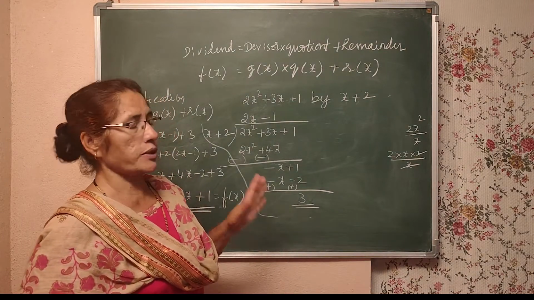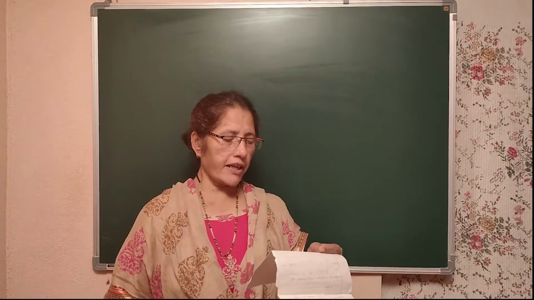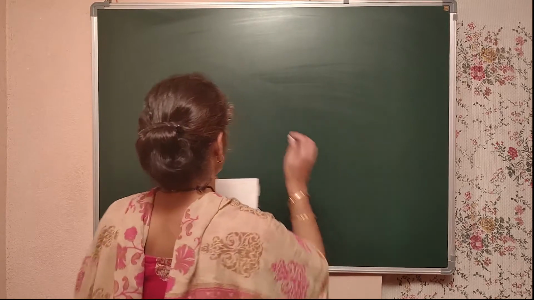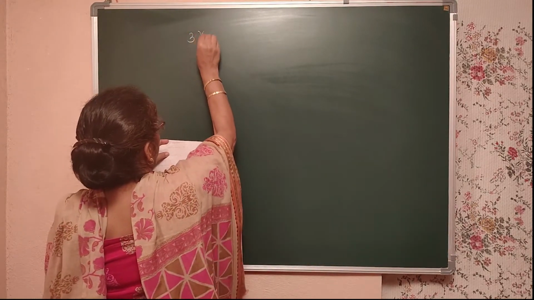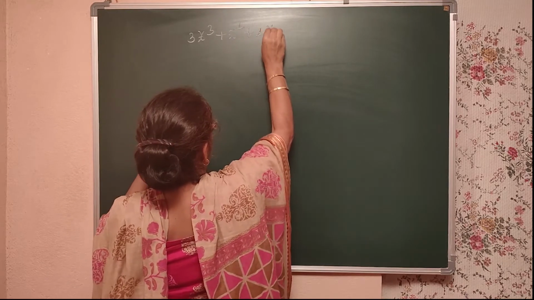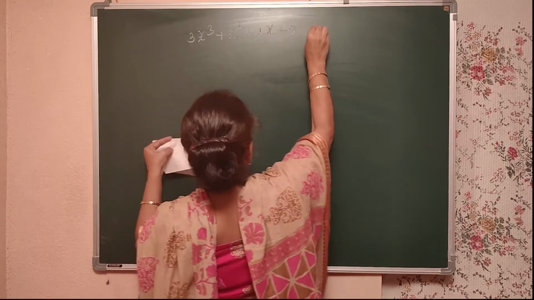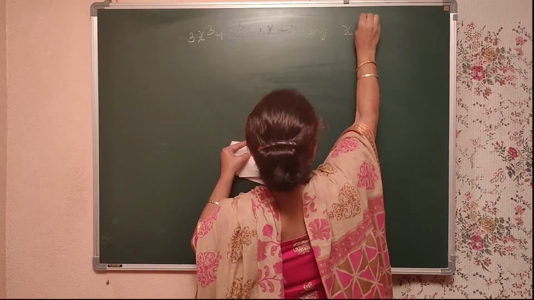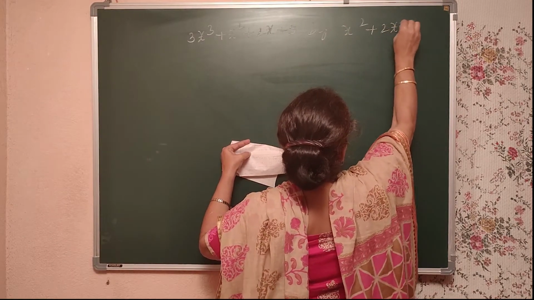Now, let me do the second one. Our next problem is divide 3x cube plus x square plus 2x plus 5 by x square plus 2x plus 1.